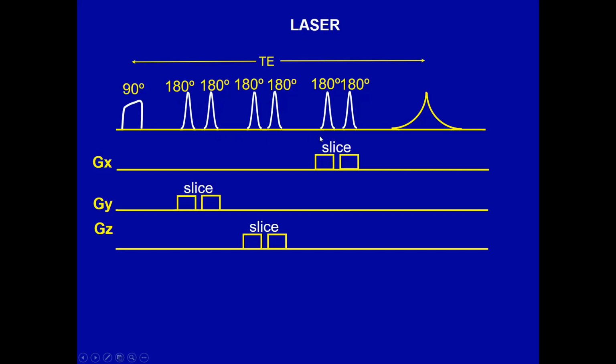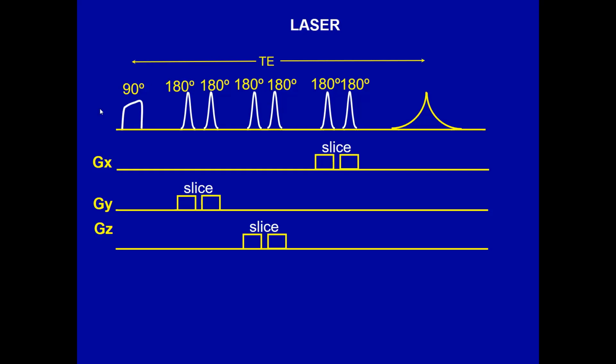And now there are 6 pulses, so we can apply 6 slice selection gradients. Now this is one of the things you may remember about adiabatic pulses, that they often take more power than non-adiabatic pulses. When you're dealing with a biological system, like a person, we have to be very careful with the SAR. In another lecture, that was defined as the specific absorption rate.